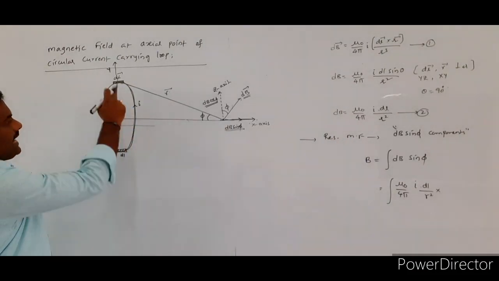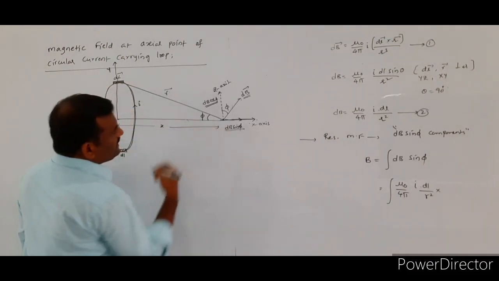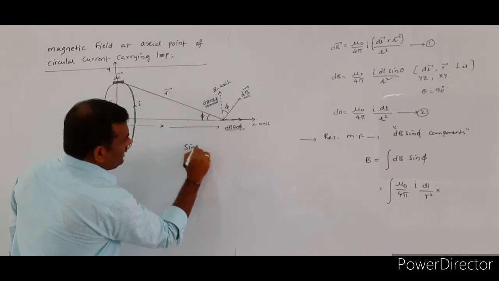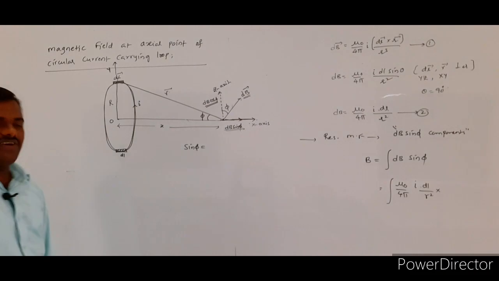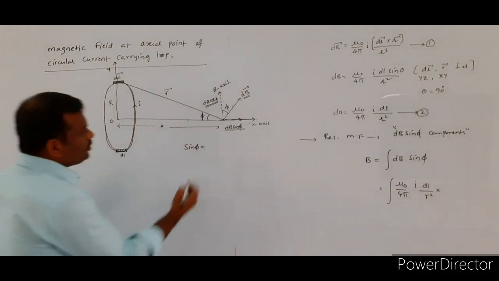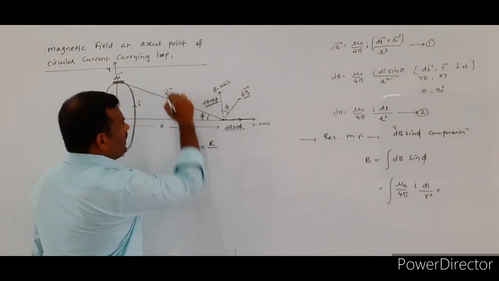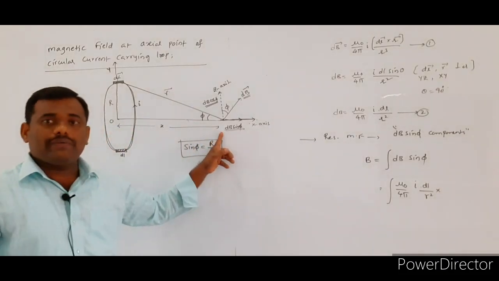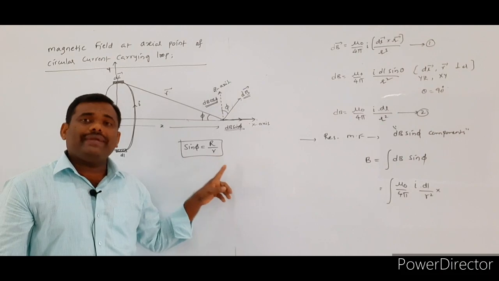If you look at this diagram, this is one right angle triangle. From this, sin phi is equal to the opposite side by the hypotenuse. Sin phi is equal to capital R by small r. What is the capital R?